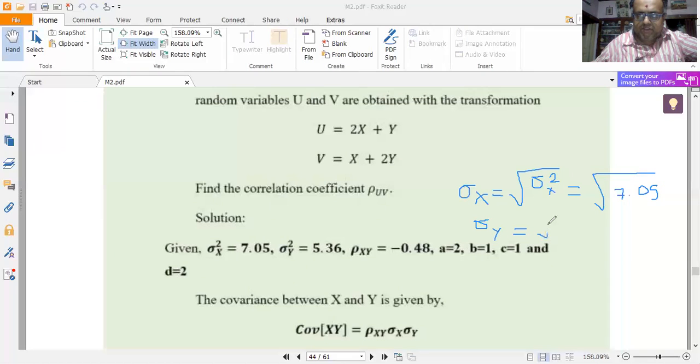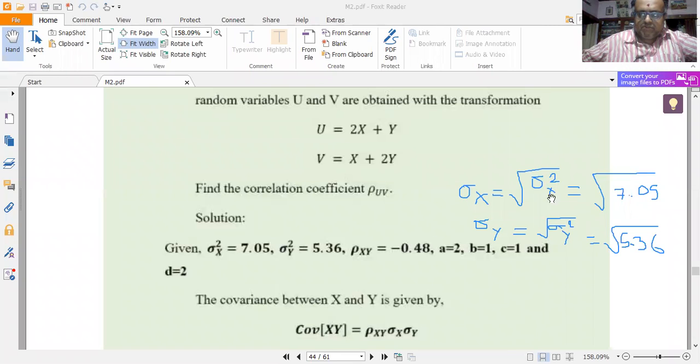Sigma y is the square root of the variance of y, that is sigma y squared, so this is given by the square root of 5.36.